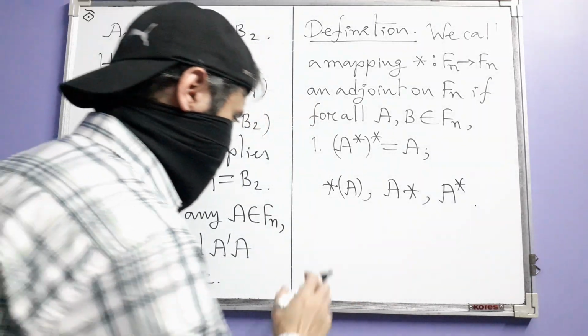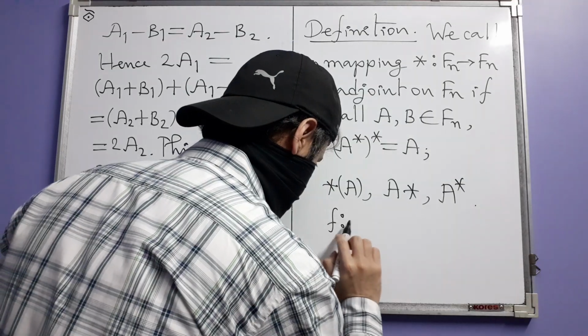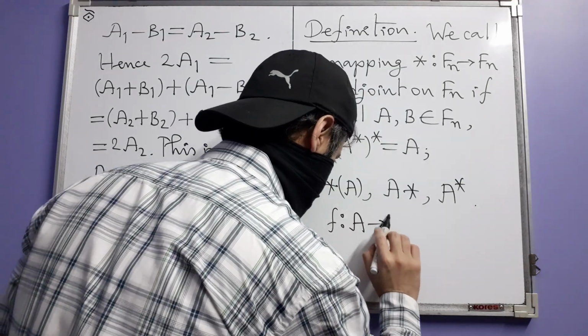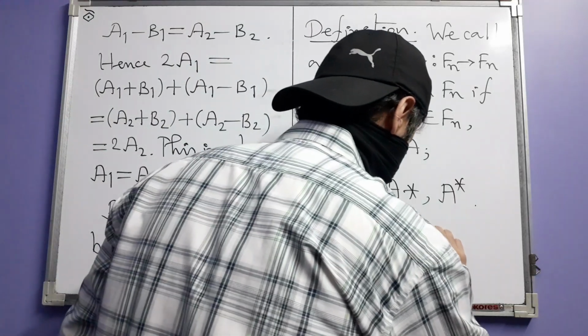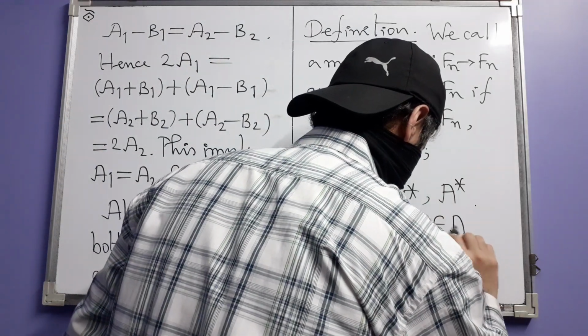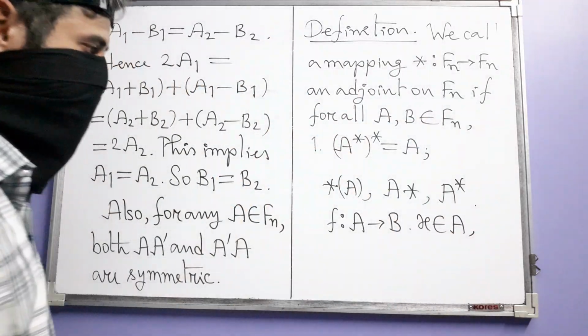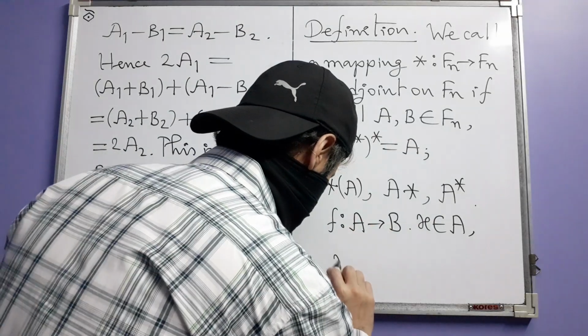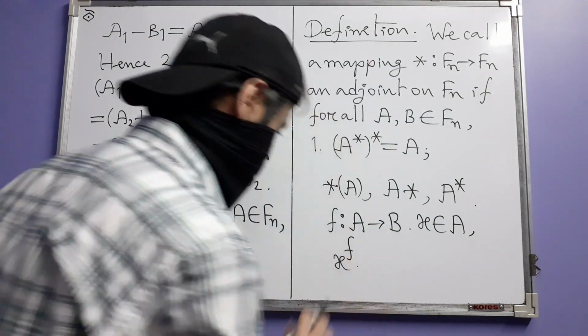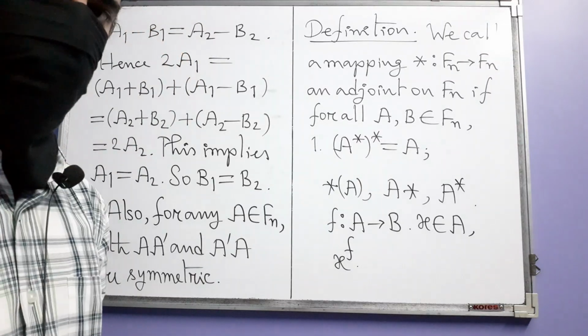Say you have a function f from some set A to B, just a function. Then for any element x in A, under that notation, the image of x under f is written like this, x to the power f.